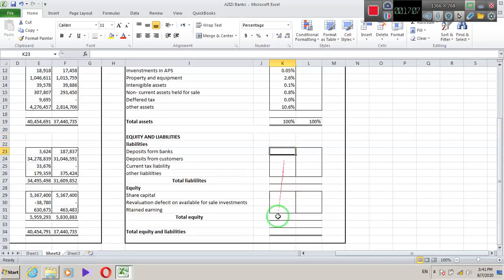Now on the liability side we also can perform it, and after that we will draw a chart of this. Deposit from bank will be equal to 0.005% or so, because that is too small a value in their asset.